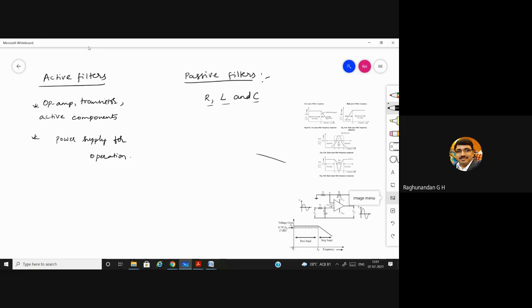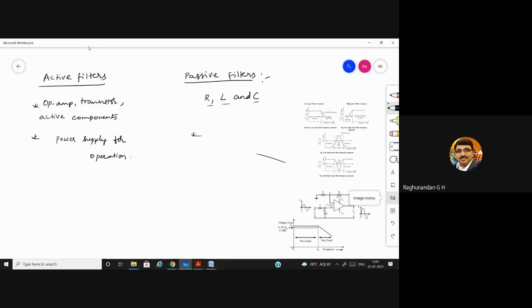By just giving input, it will not turn on. For transistor also, it needs plus VCC and minus VEE. By just giving the input, it will not turn on or it will not amplify. Since we expect a gain in active filters, we need to use a power supply, especially for those components.